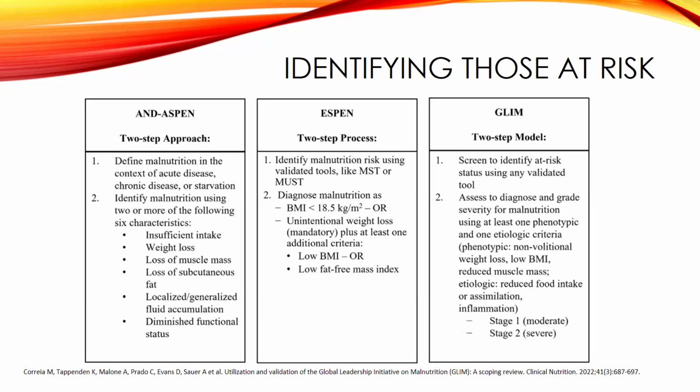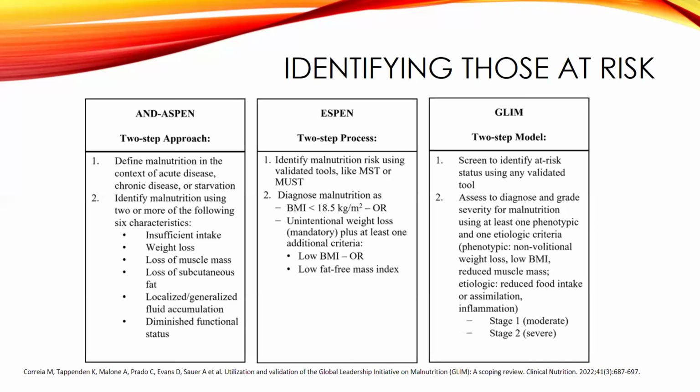After you categorize your patient, you move to the second step, identifying malnutrition using two or more of the following characteristics: insufficient intake, history of weight loss, loss of muscle mass, loss of subcutaneous fat, localized or generalized fluid accumulation, and diminished functional status.